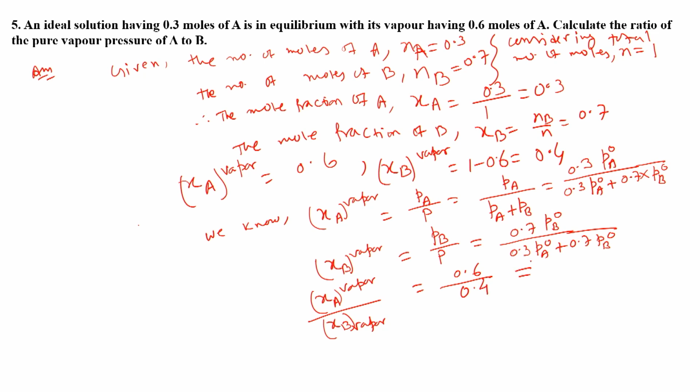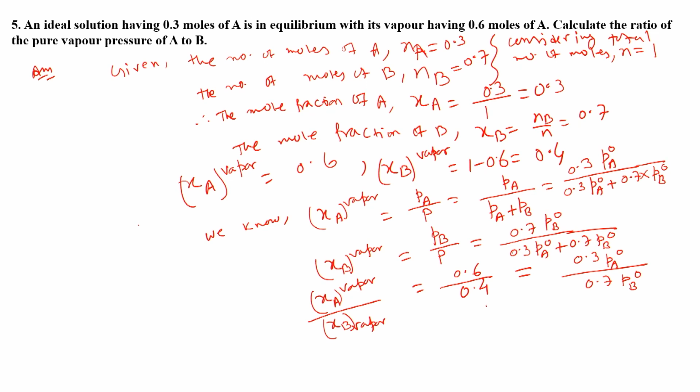This is given, because Xb vapor is 0.4 and Xa vapor is 0.6, so the ratio is 0.6 by 0.4. And we can write this as 0.3 Pa naught by 0.7 times Pb naught.